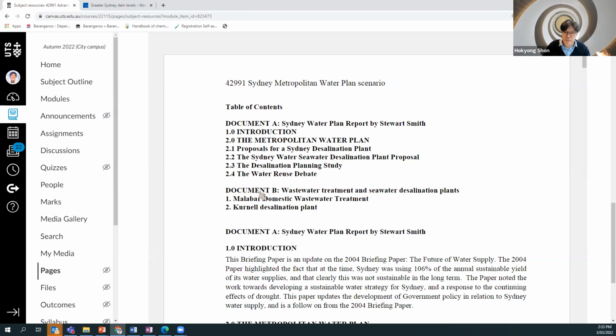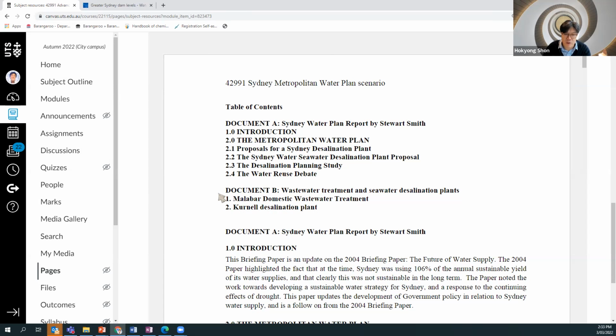And document B covers wastewater treatment and seawater desalination plan. So we have provided a Malabar domestic wastewater treatment plant and Cronulla seawater desalination in Sydney, near Sydney Airport. And you can collect this information, which will give you the water quality parameters.